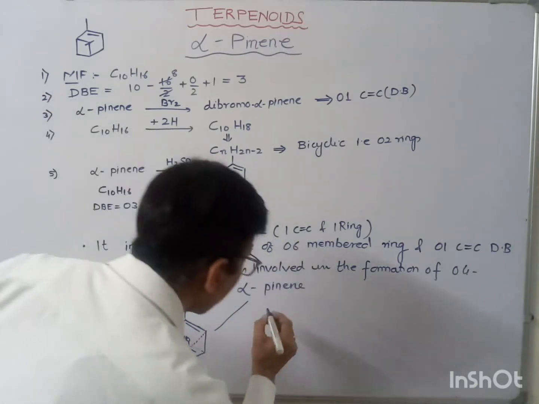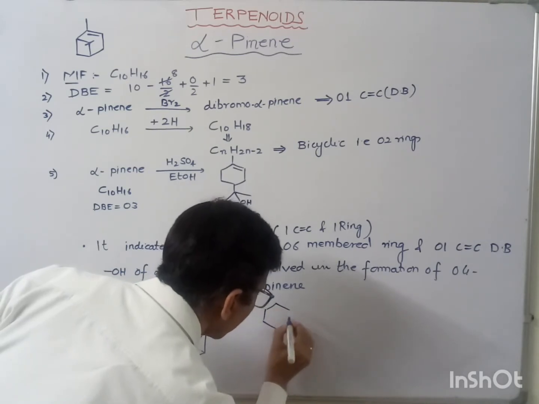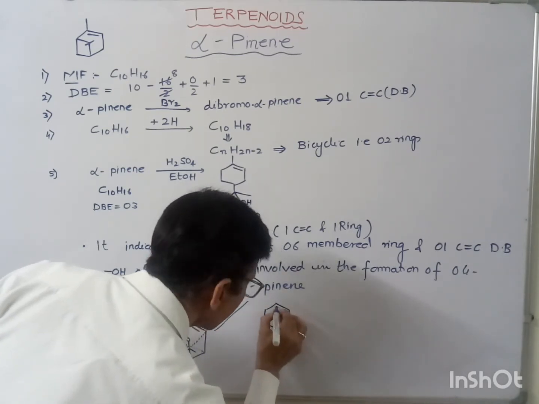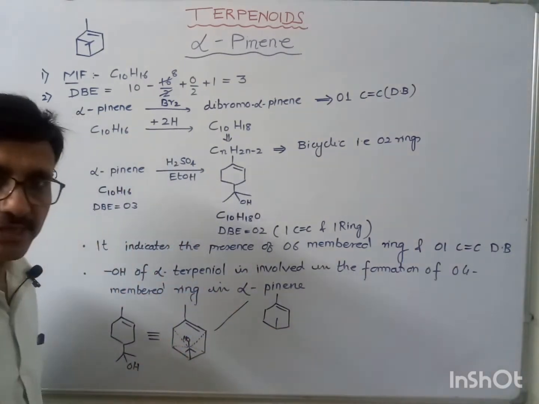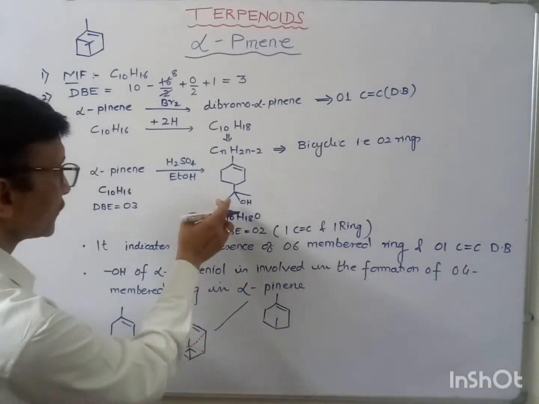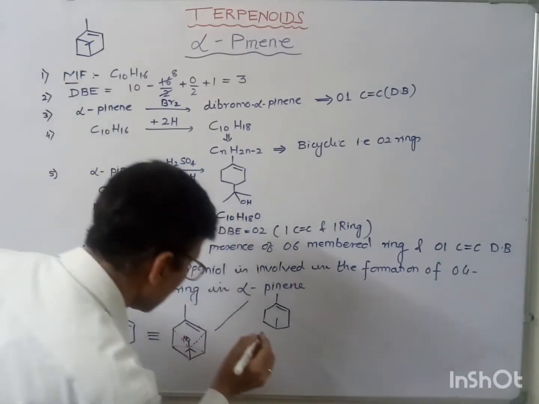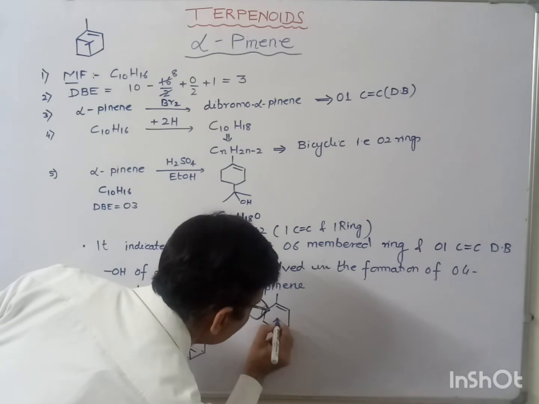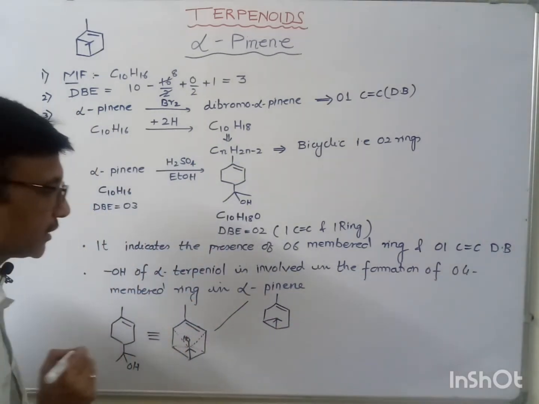I may write one of the possibilities. After the removal of OH, one ring is formed in the alpha-pinene. So this can form the ring like this. This is one of the possibilities.